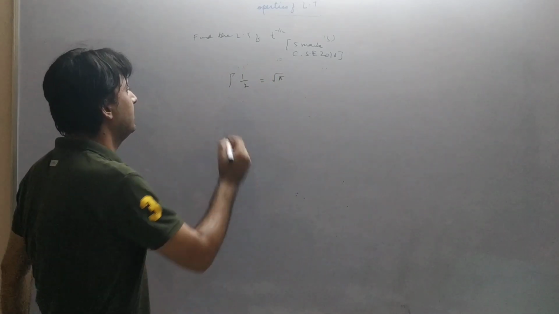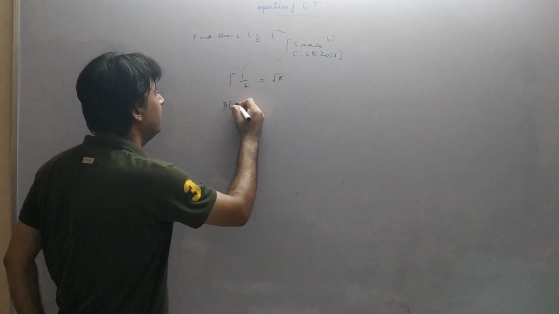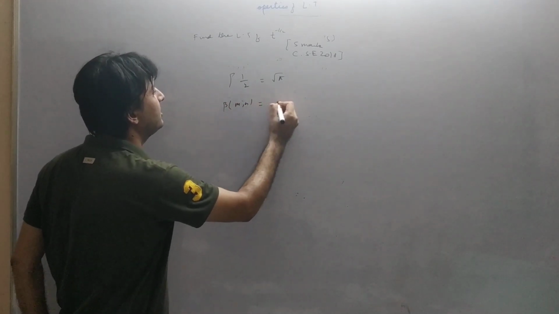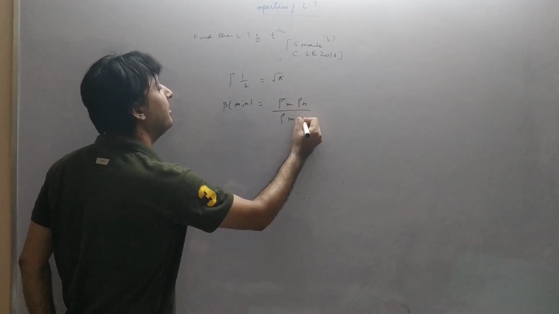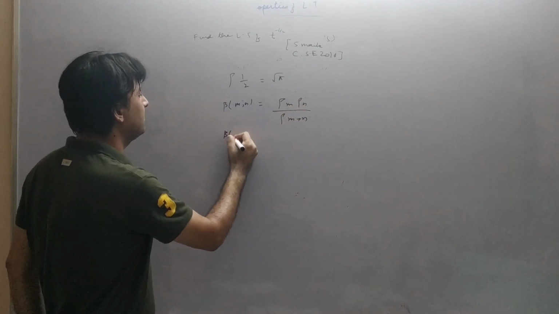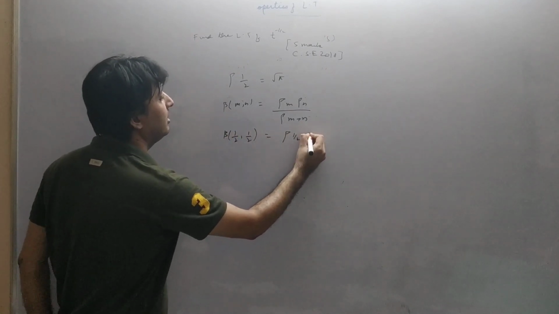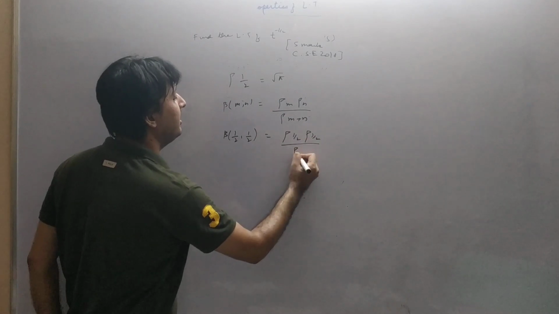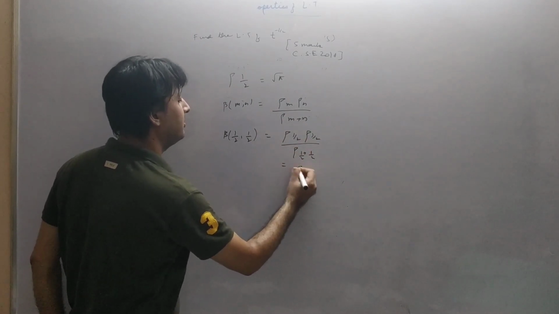So we know a property, the relation between the beta and gamma functions. Beta(m, n) is equal to gamma m into gamma n divided by gamma m plus n. So if we just put beta(half, half), that is going to be gamma half into gamma half divided by gamma 1. So this is gamma half whole square.